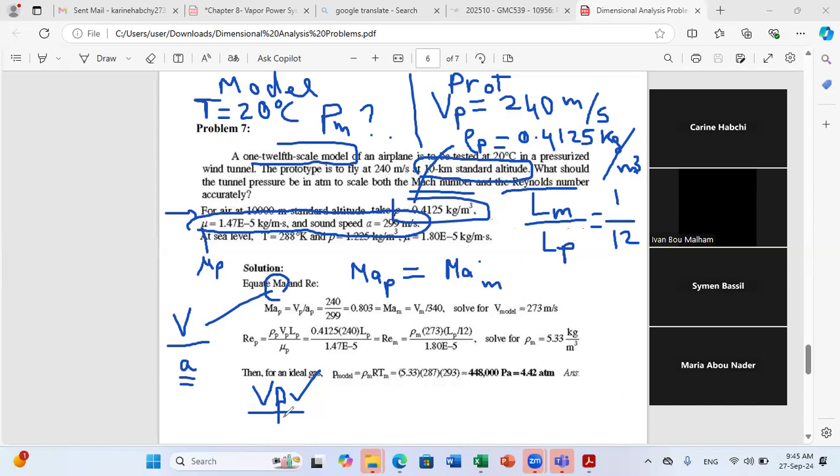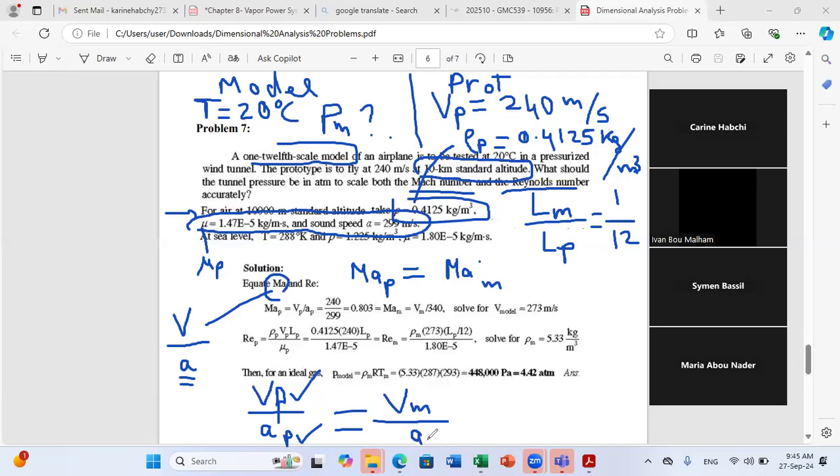So the sound speed in the prototype case is known, equal to the velocity of the model over the sound speed at sea level for a temperature of 20 degrees. Also we get this from the table.